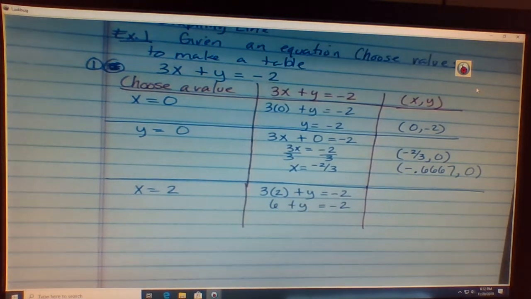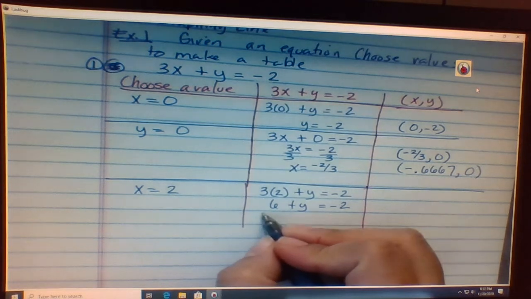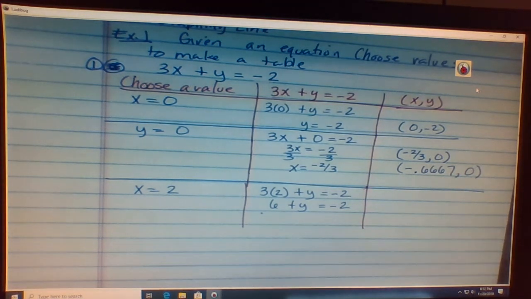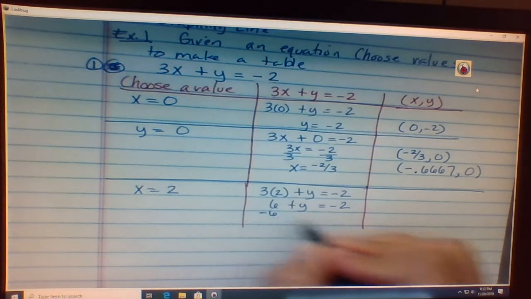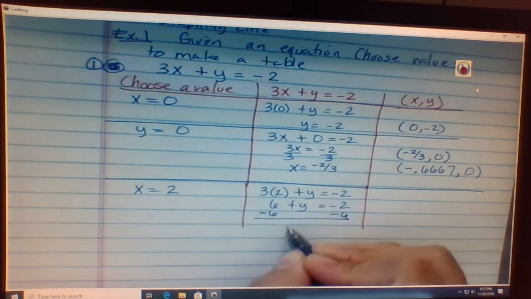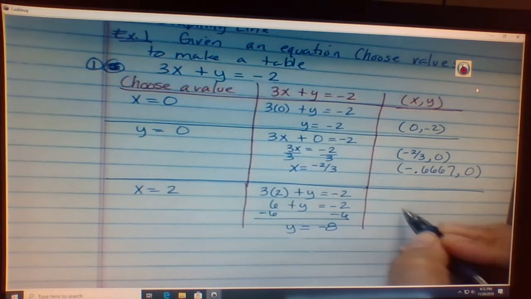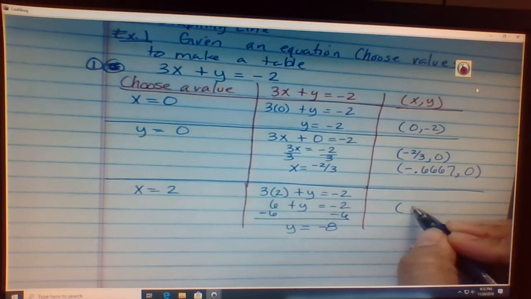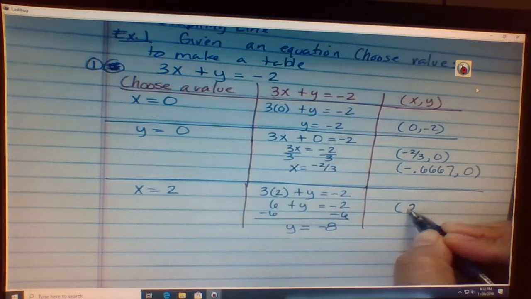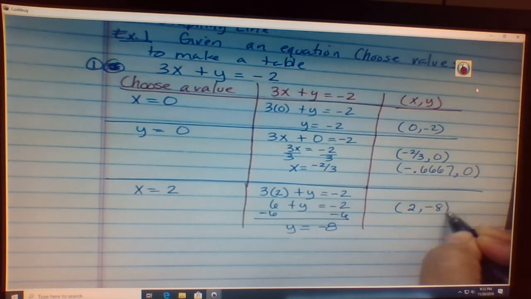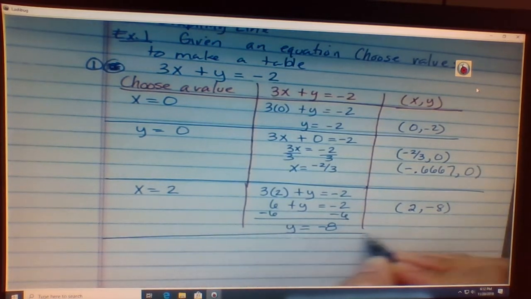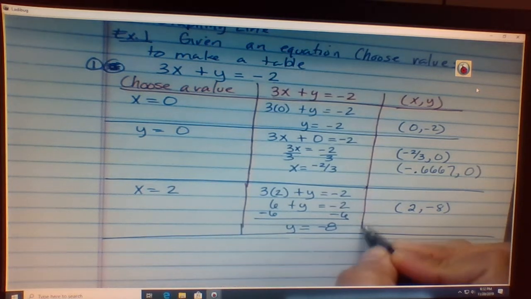What do I do with that 6? You're solving for y, so I have to subtract. Very good. Subtract 6. So y is -8. So my new point's going to be (2, -8).